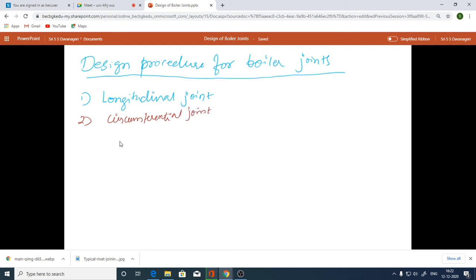So note down first, for design of longitudinal joint, what are the steps you need to follow. So we'll go for design of longitudinal joint.